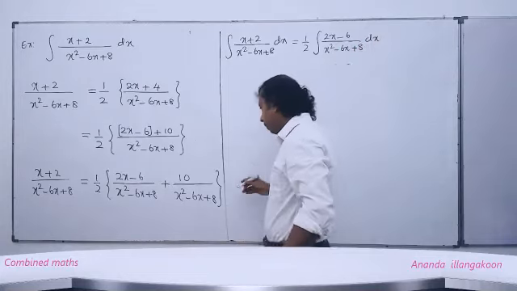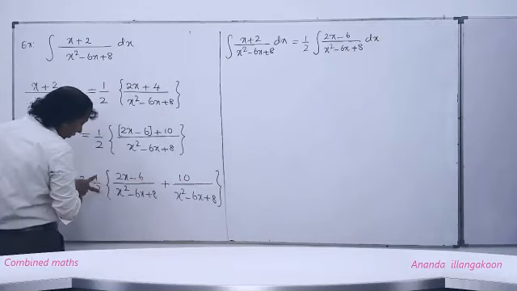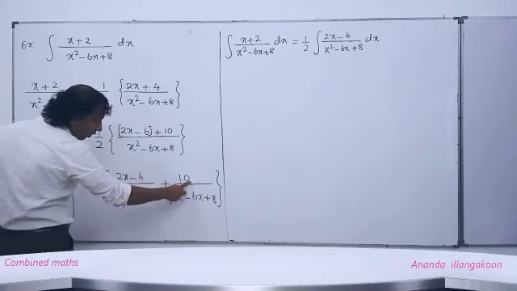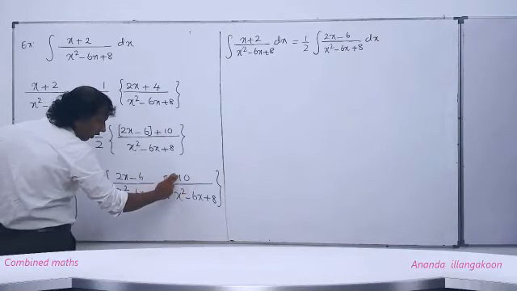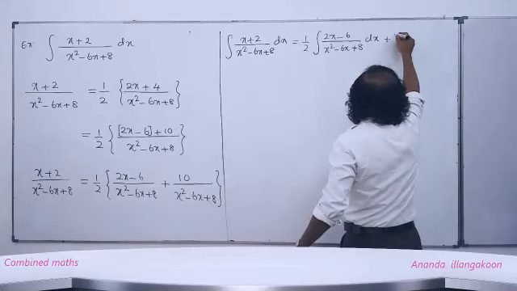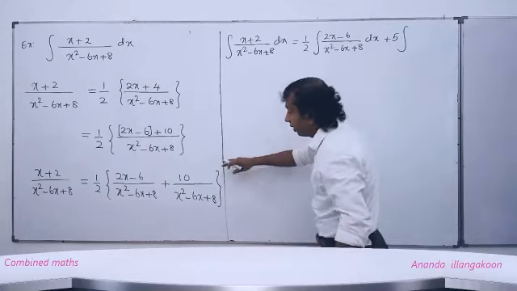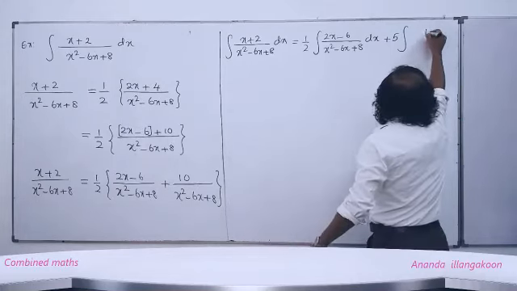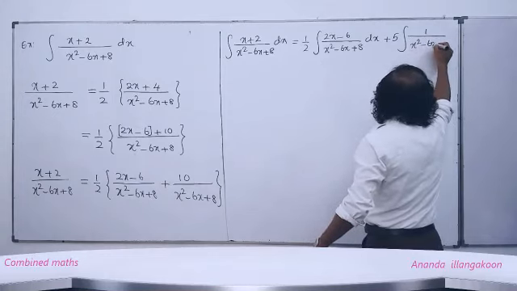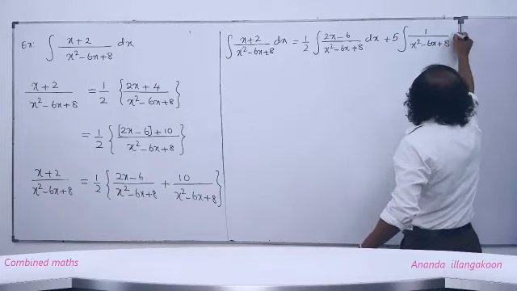And this half we multiply by this 10, then that 2 and this 10 cancel down, and we get 5. We can take that 5 out. Plus 5 times the integral of 1 divided by x squared minus 6x plus 8 dx.